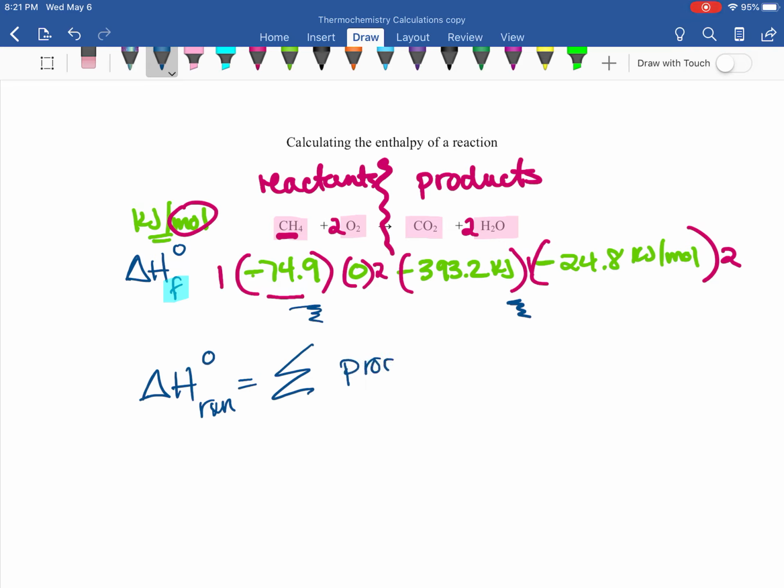And we are going to sum our products. Remember, that's the energy that we're going to get out, minus the reactants. Our reactants are the energy that we have to put in. So we're going to compare them and see what this overall process is going to give us.